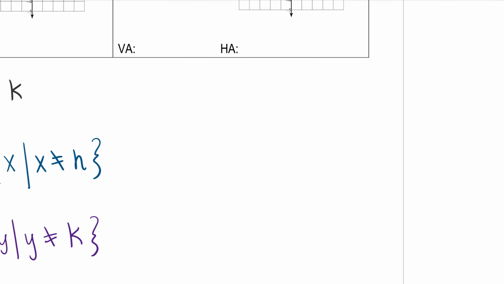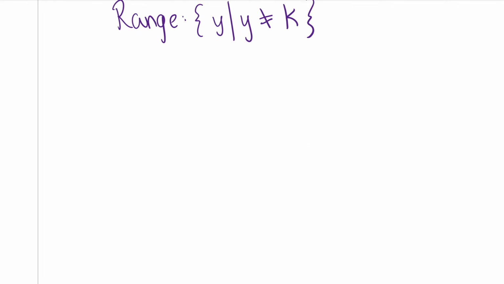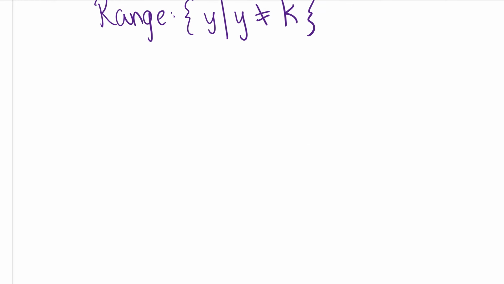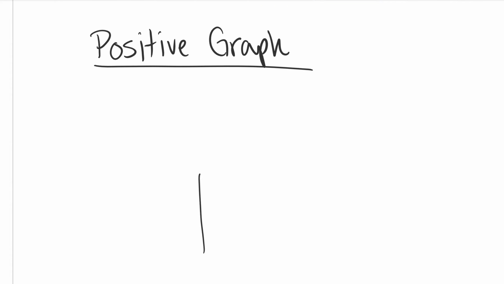Okay, let me show you this. So we have all this space down here. So let's do this. Let's do a positive graph. So remember, if your a is positive or you just don't have a negative anywhere, the way I would graph this is I'm just going to make up asymptotes just so you can see. I don't want to put them on the actual line.